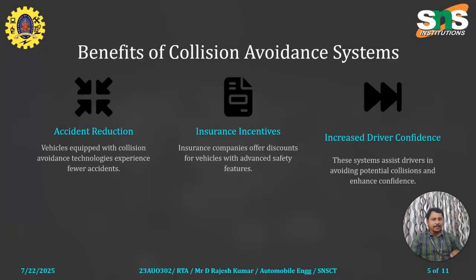If a vehicle meets a collision, there may be a loss of parts, or a crash, and due to the crash there may be fatalities and injuries. All those things can be reduced by using this technology, and it also minimizes the cost.